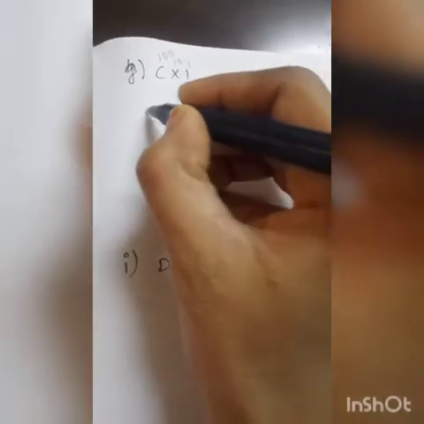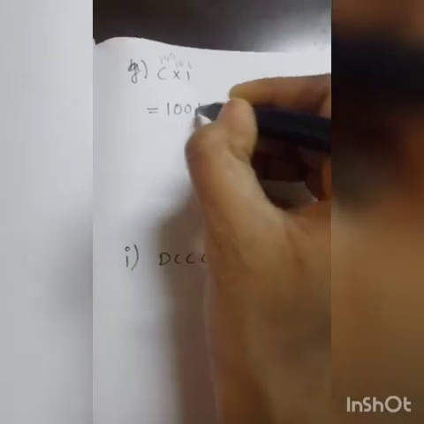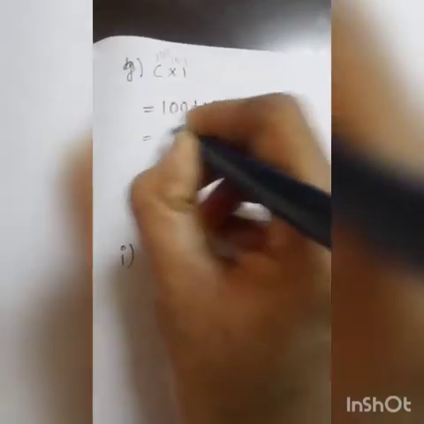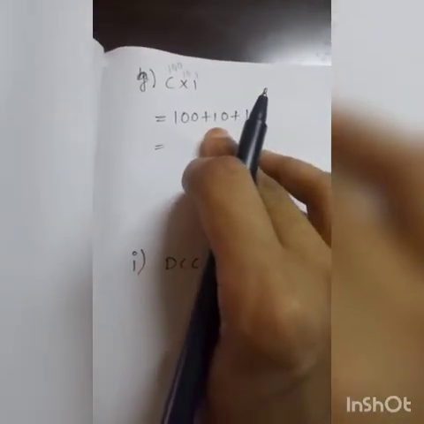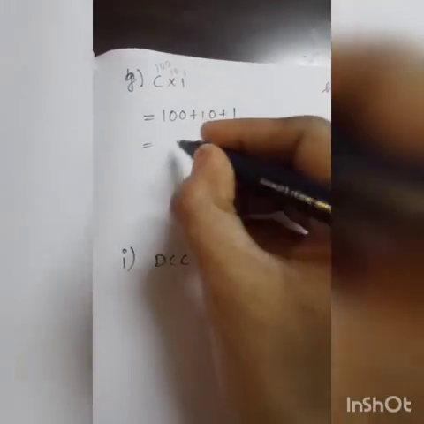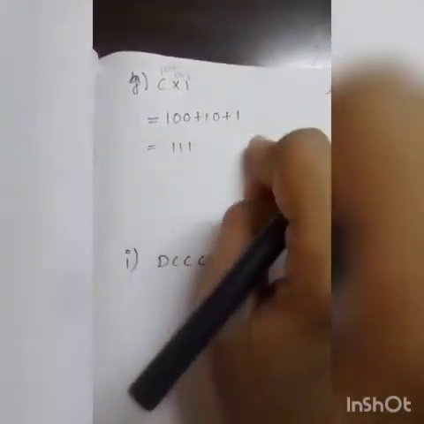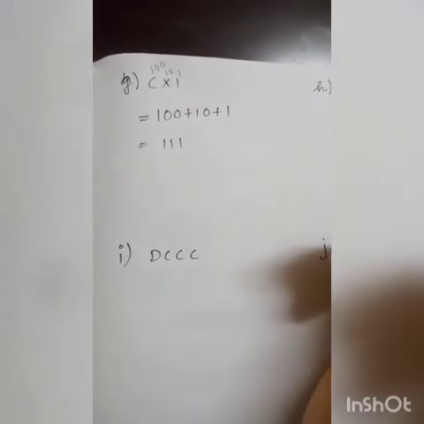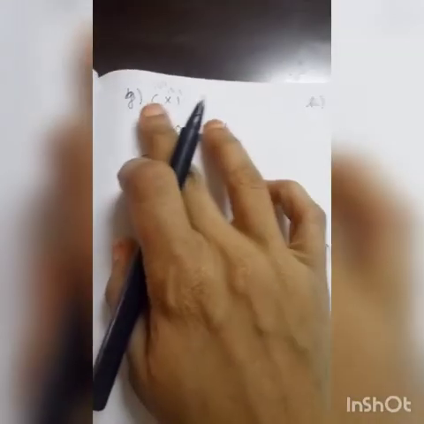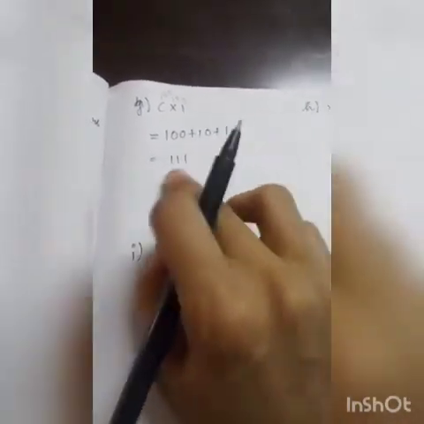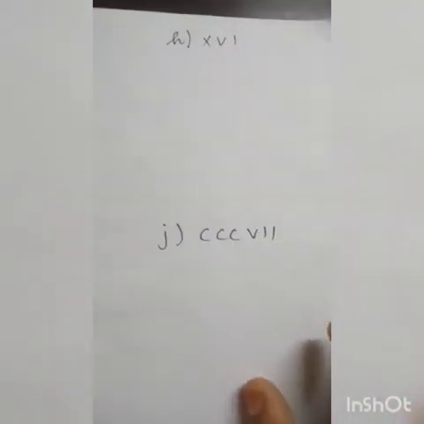So what you will do? You just add 100 plus 10 plus 1. 100 plus 10, 110. 110 plus 1, 111. You just add all those three things and you will get the answer. Because it is in descending order, you are just adding it. Okay.